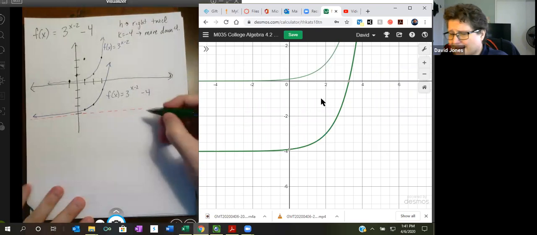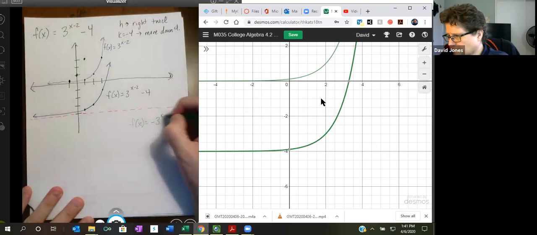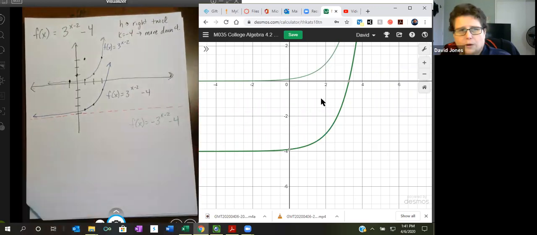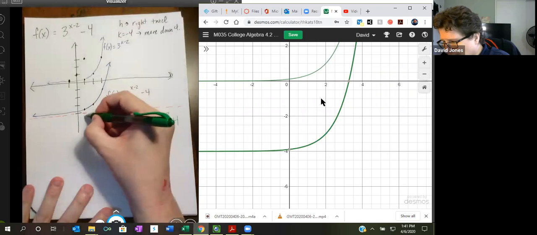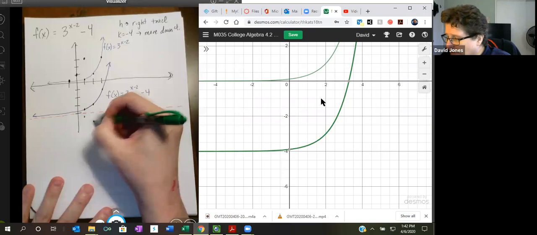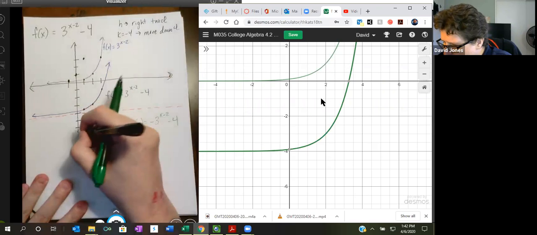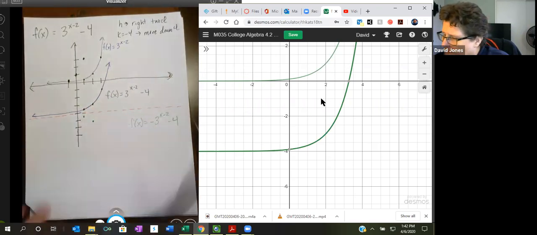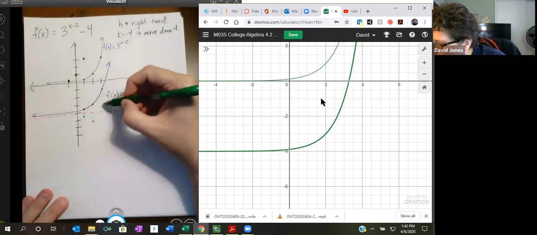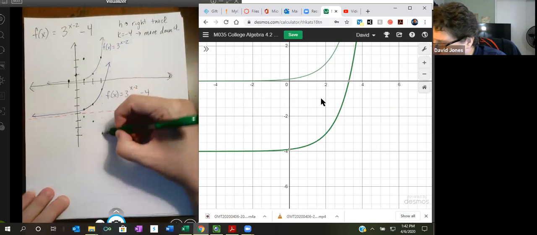What happens if we make it negative? What did the negative used to do before? It flipped the graph over, and that's what it's going to do. All of these points are going to reflect across the axis of symmetry. This one is 1, 2, 3 up, so we're going to go 1, 2, 3 down.